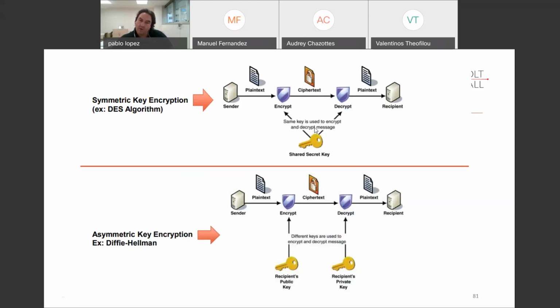Different keys are used to encrypt and decrypt the message: the recipient public key and the recipient private key. That means that you don't need to share your secret key. Each one with his own key is the one who can encrypt and decrypt.